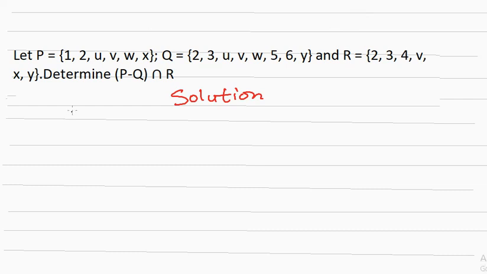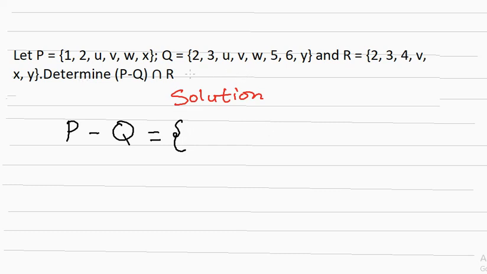The question reads: P is a set of 1, 2, U, V, W, X; Q is this, R is that. We are to evaluate P minus Q, then intersection R. First, let's evaluate P minus Q. Let me subtract Q from P. I'm going to write out the set of P, but I have to subtract Q from it.